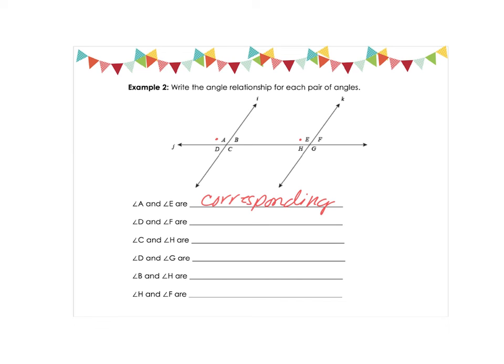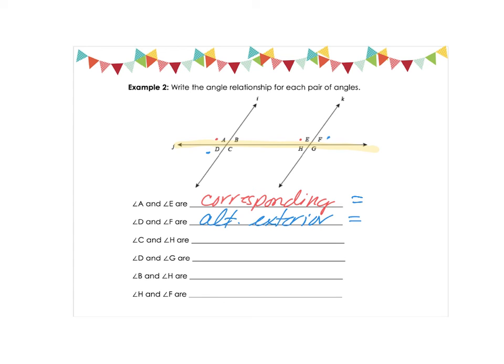Okay, D and F. They're on opposite sides of the transversal. All right, so my transversal is right here, on opposite sides, so we know it has to be alternate. So they're alternate exterior angles. All right, so these guys are equal.